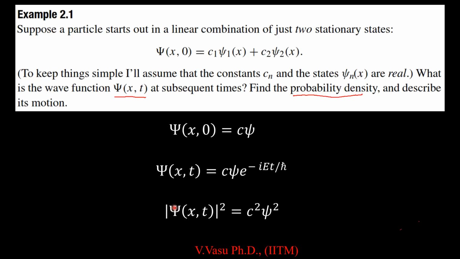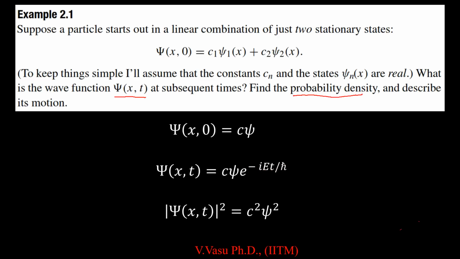What about the modulus square of this wave function? You just take c squared, and when you take the modulus square of this exponential term, it becomes e^(+iEt/ħ) times e^(-iEt/ħ).